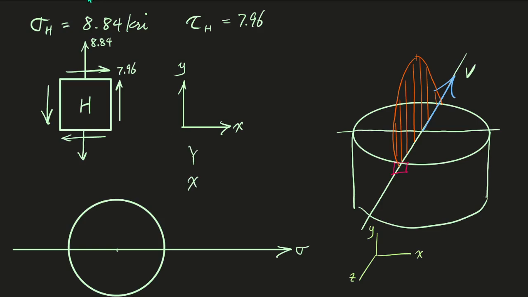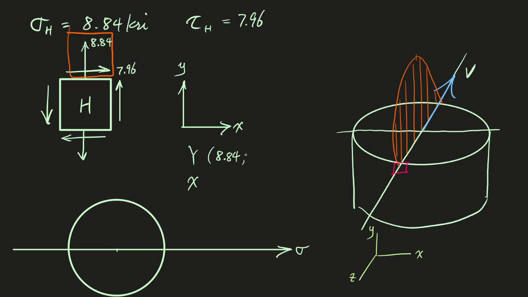How you find Y capital is you look at the y direction on the top, and you see 8.84 as well as 7.96. It's quite intuitive that up is positive, so 8.84 is the x coordinate. That would be the normal stress because we're plotting it on the Mohr circle.